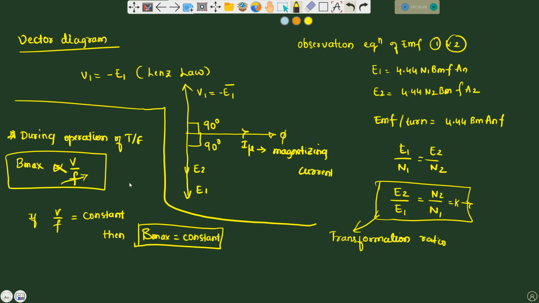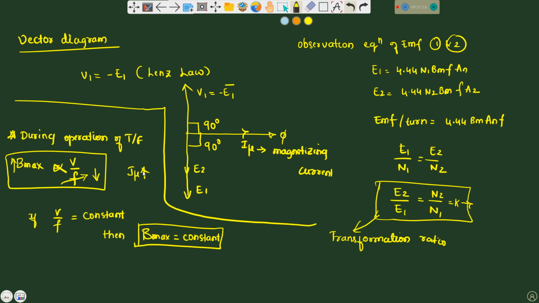Okay, you need to apply more and more voltage. If frequency gets reduced, automatically the magnetic flux density will increase, correct? So with that, I mu, that is magnetizing current, also increases. This phenomenon is called overfluxing of transformer.